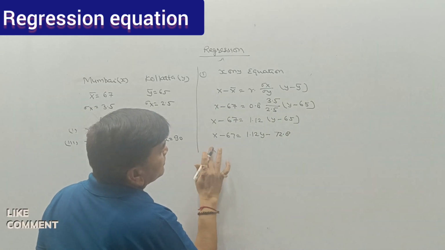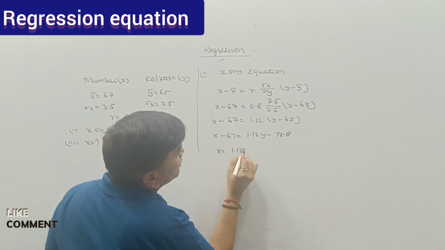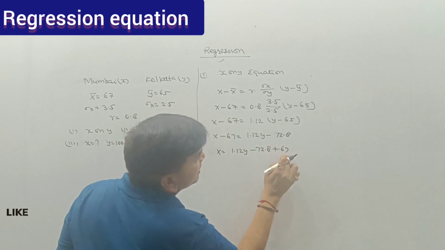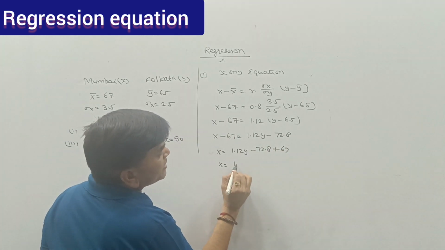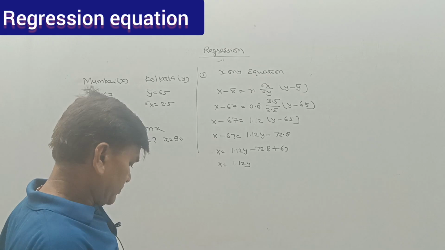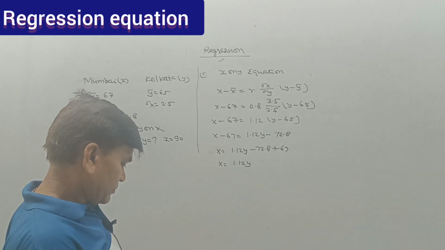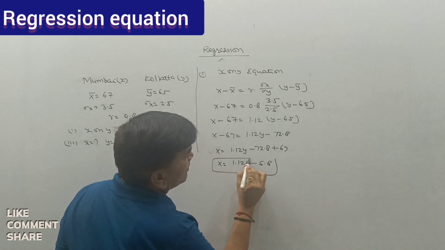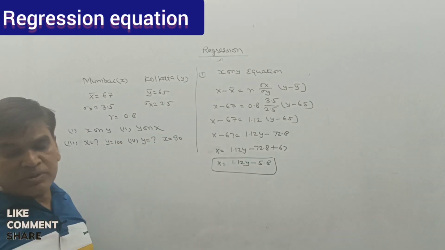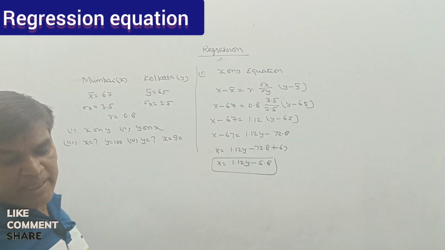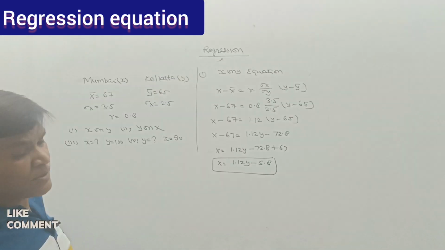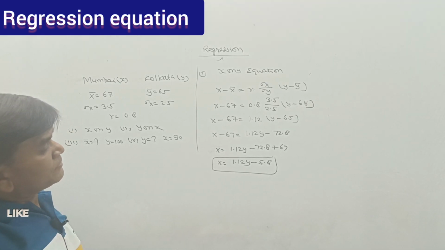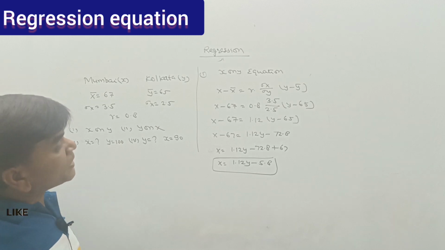So X equals 1.12 Y minus 72.8 plus 67, the minus sign converting to plus. So X is equal to 1.12 Y minus 5.8. This will be our X on Y equation. So the very first question is solved.